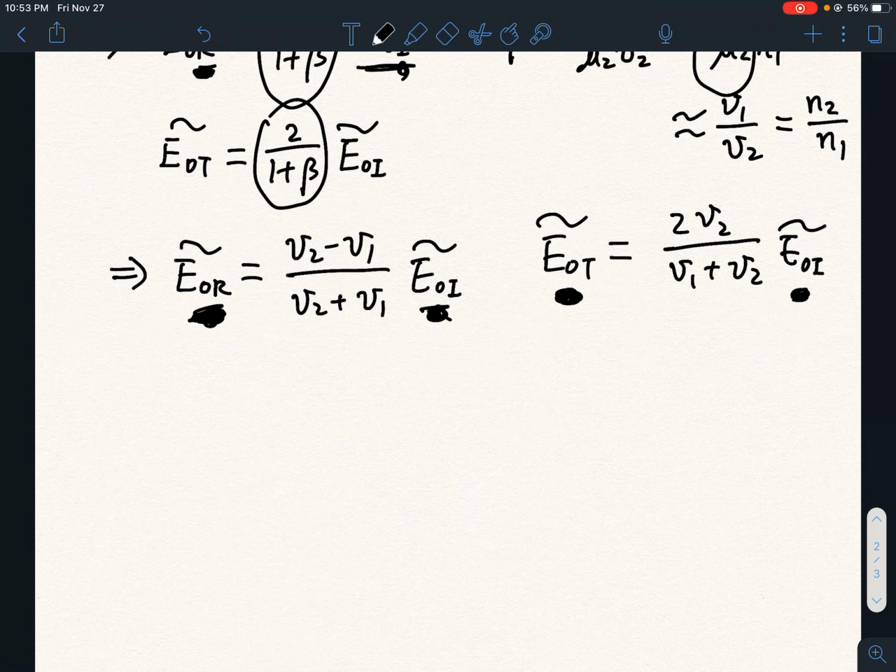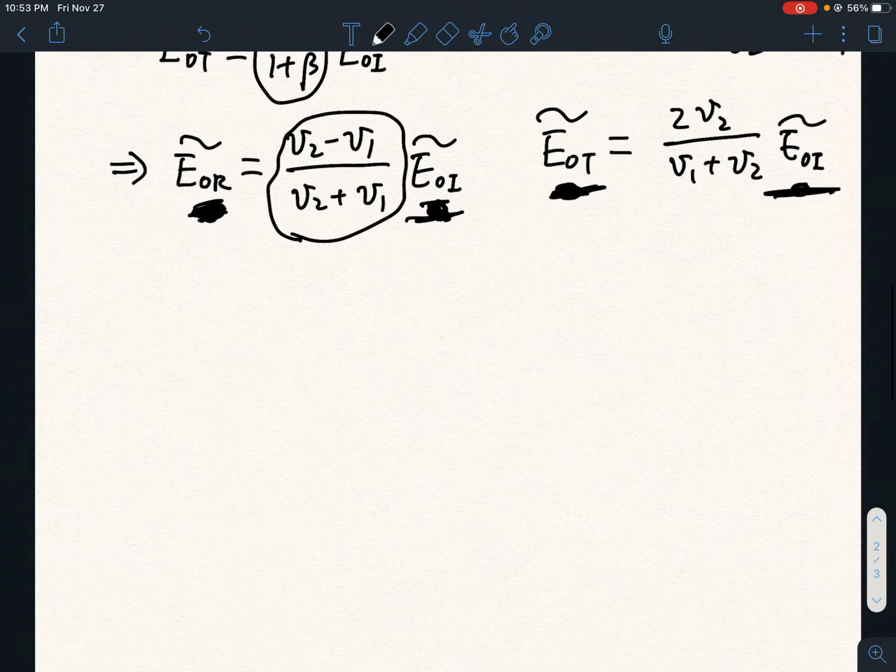Also, if V2 is greater than V1, this becomes a positive number, so the reflected wave will be in phase with the incident wave. If V2 is less than V1, the reflected wave will be out of phase with the incident wave. And the transmitted one is always in phase.